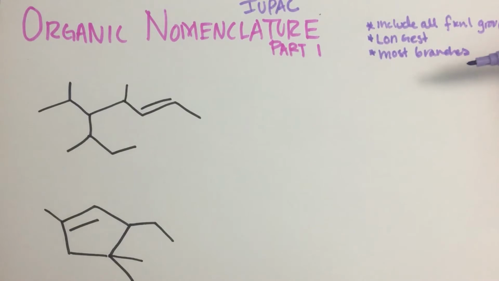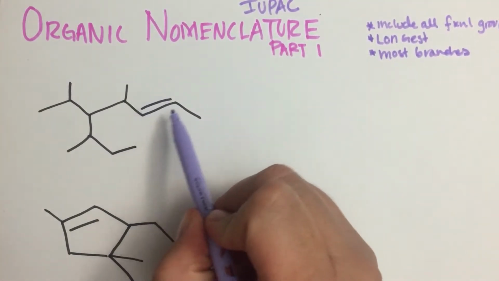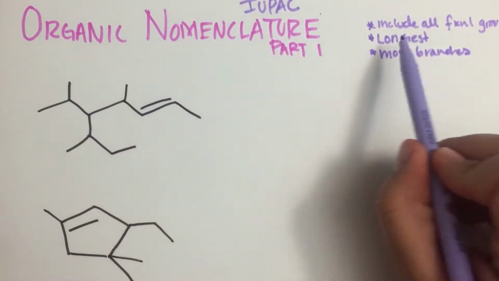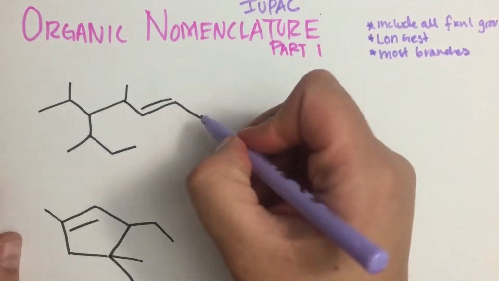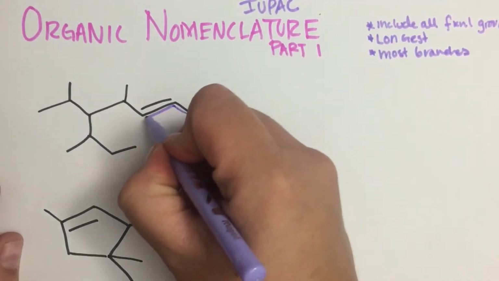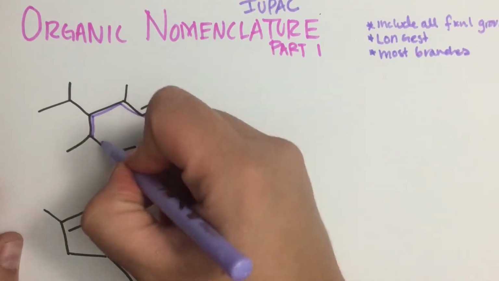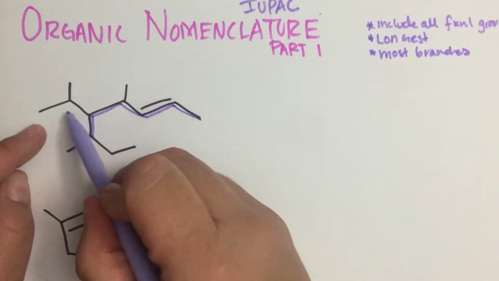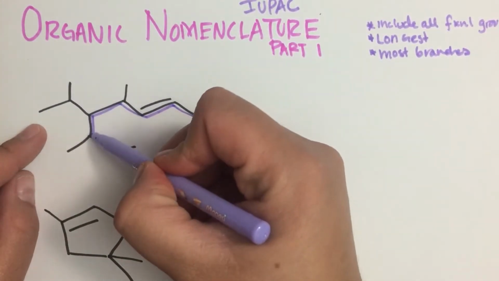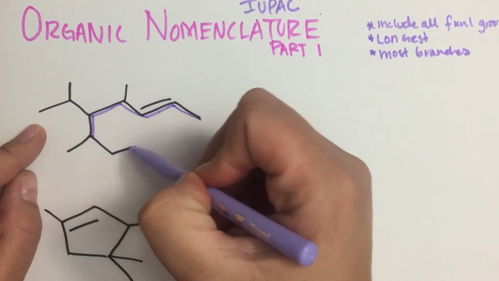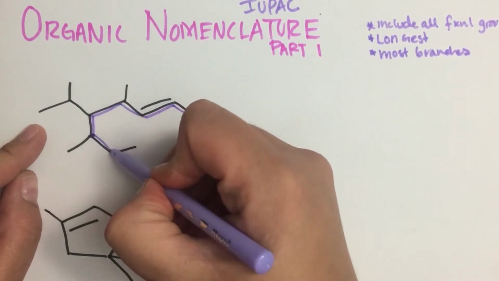So in choosing your parent chain in our first molecule, which is this one right here, okay, we must include all functional groups, which in this case is our double bond right here, and then extend for it to be the longest. Okay, so let's pick that one and extend towards the longest. Now we don't continue on this side because we can tell that if we go down into the side, we can make it even longer.